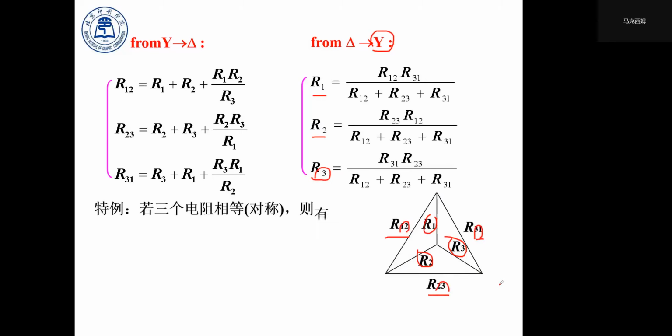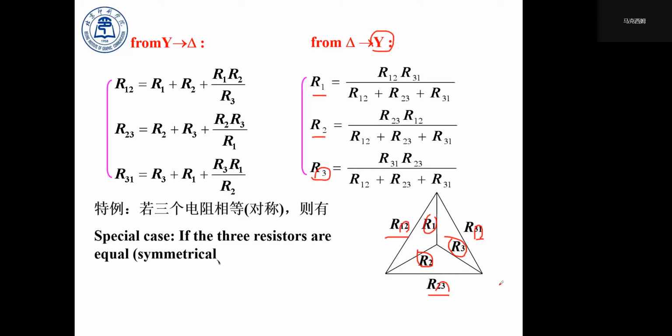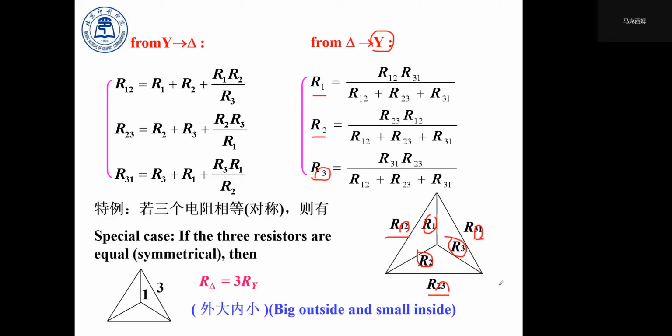So what if we have a symmetrical triangular or delta-shaped network? Then the conclusion must be very easy. For each resistance inside, the outside resistance must be 3 times larger to obtain the same effect to the outside world.